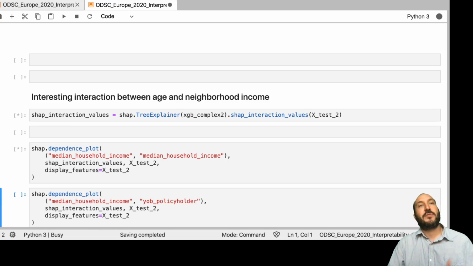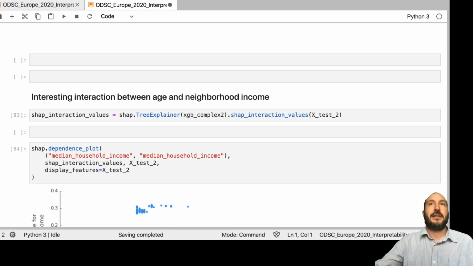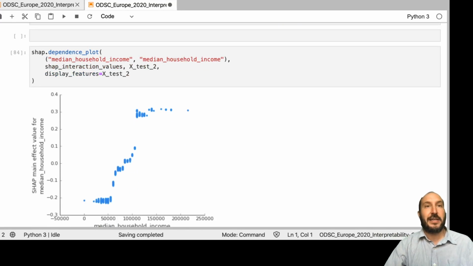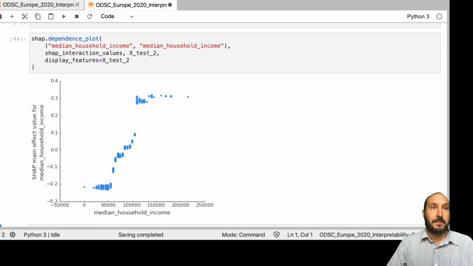But while this is running, remember, what does our model do? Our model says something like, when I learn the value of this feature, it generally increased the model's prediction of your likelihood of buying an umbrella policy by a certain amount. So here, this is for median household income, right? So this is based on your zip code.